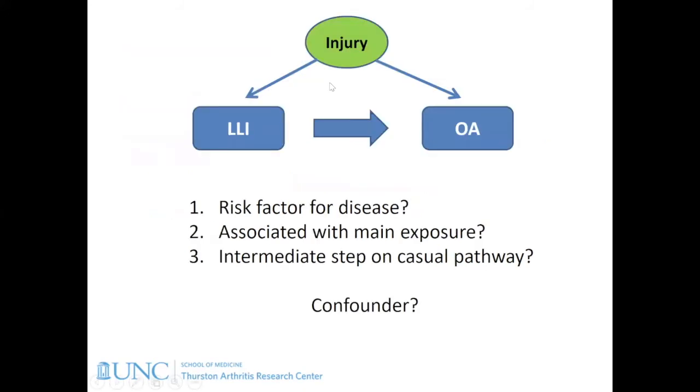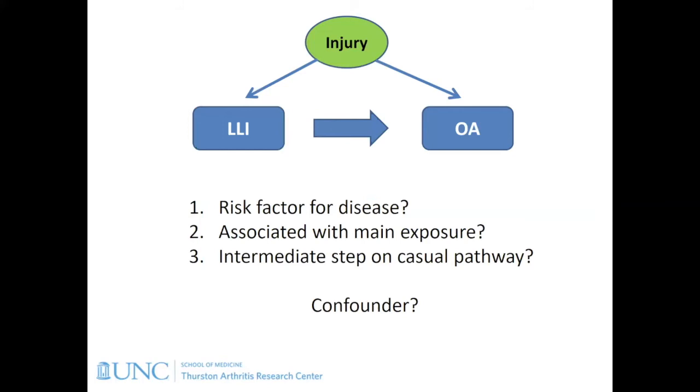So here we're looking at the association between leg length inequality as the exposure and osteoarthritis as the outcome. And let's say that we're interested in seeing whether injury is a potential confounder in that association. Looking at risk factor for disease, injury is a known risk factor for osteoarthritis.